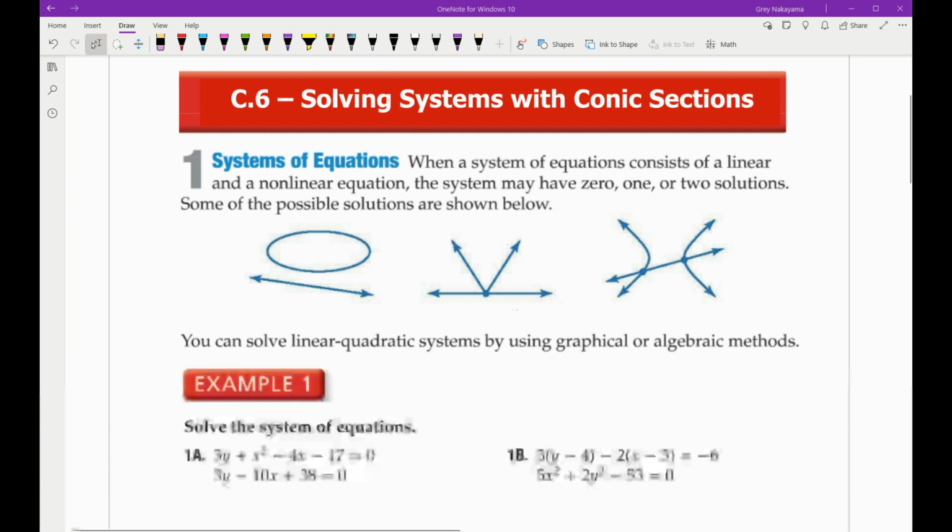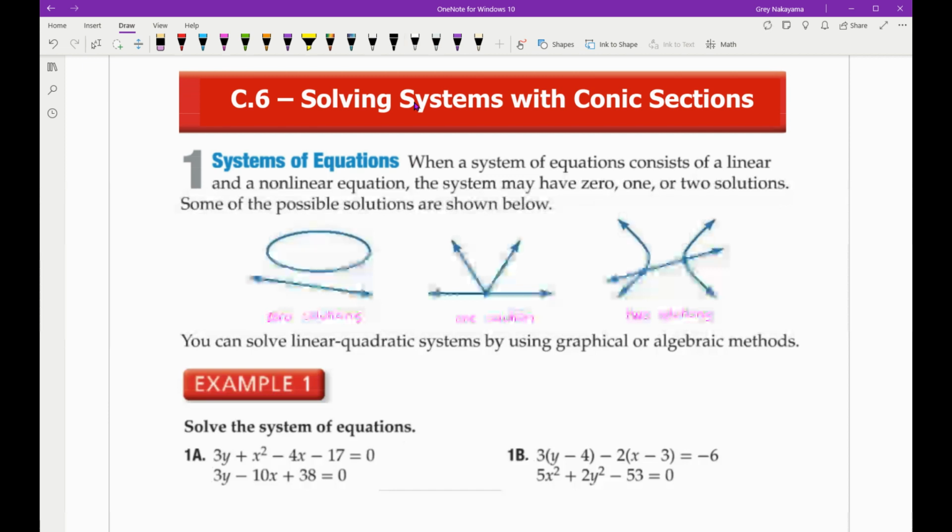Keep in mind, as you solve these equations, this picture shows you the possibilities you can have with what is called a linear quadratic system, which means one equation will be a line and one will be a quadratic. The solution to the system is all the points they have in common. So clearly this one has 0 solutions, this has 1 solution, and this will have 2 solutions because it has 2 points of intersection.